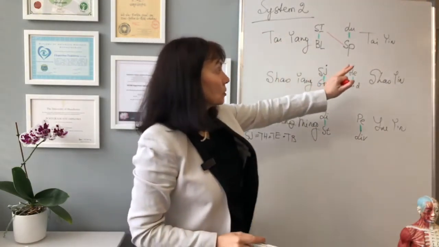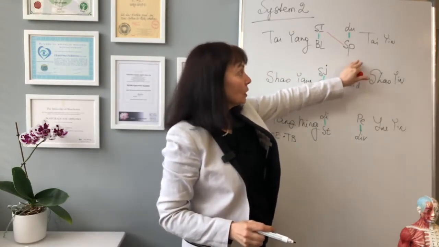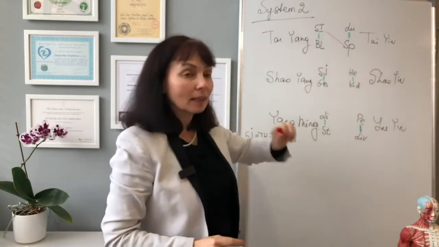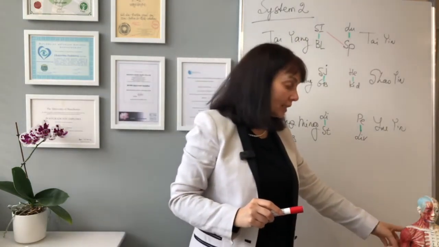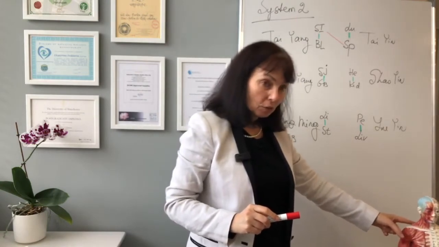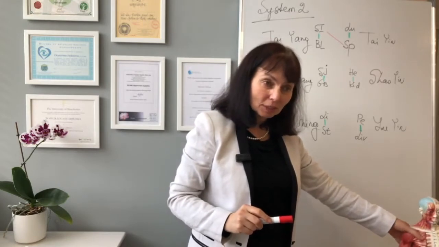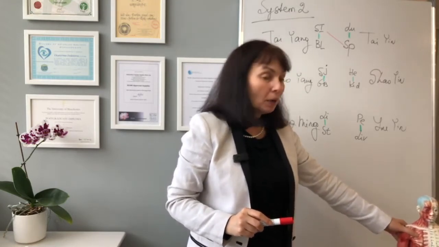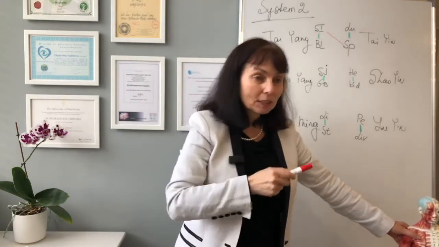Hand Taiyang will balance Foot Taiying, and Foot Taiying will balance Hand Taiyang. So all the disorders on the small intestine area will be treated by needling spleen. Pain in the scapula on a small intestine meridian will be treated by needling the corresponding area on the spleen meridian.